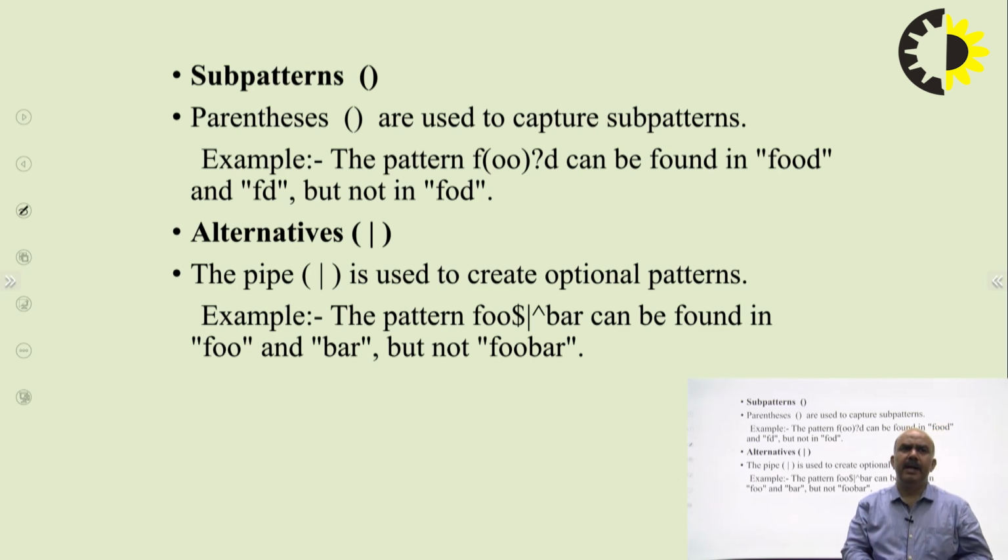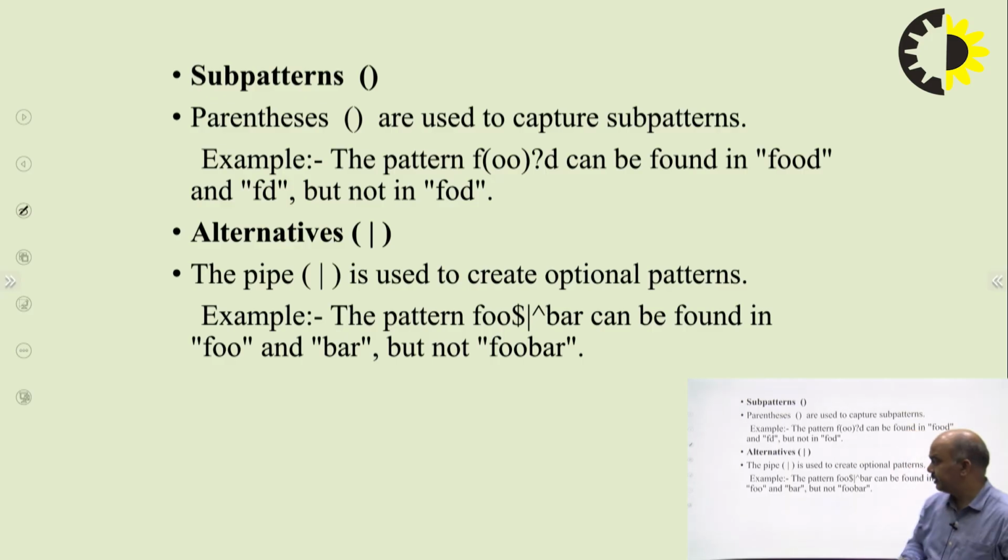Sub pattern is a pattern of the pattern, where parentheses are used to capture the sub patterns. For example, the pattern fo(o)?d can be found in food and fd, but not in f4d. Alternate means the pipe, which is used to create an optional pattern.